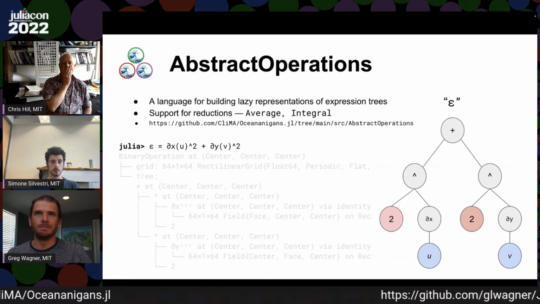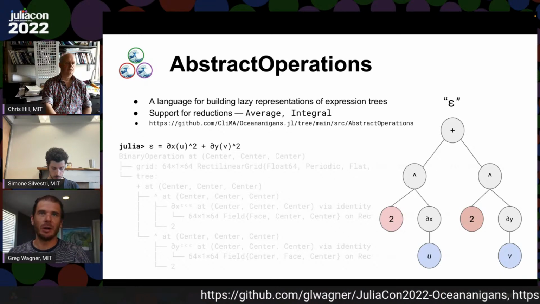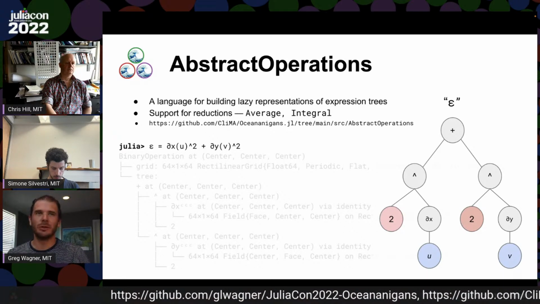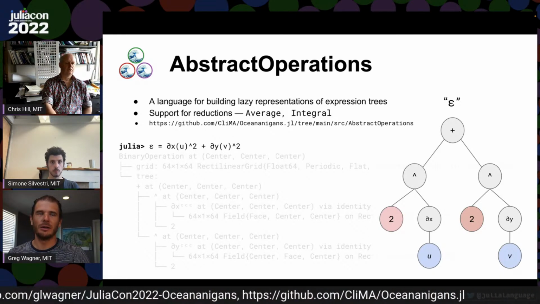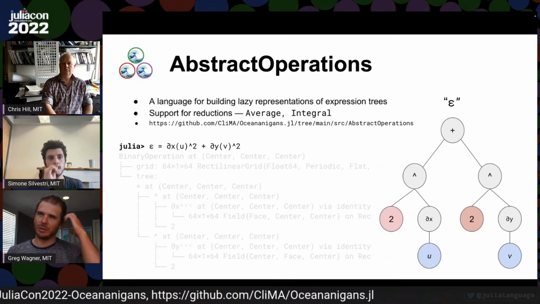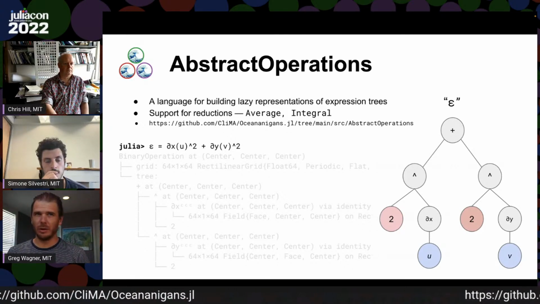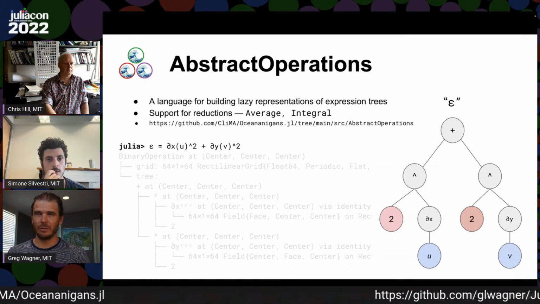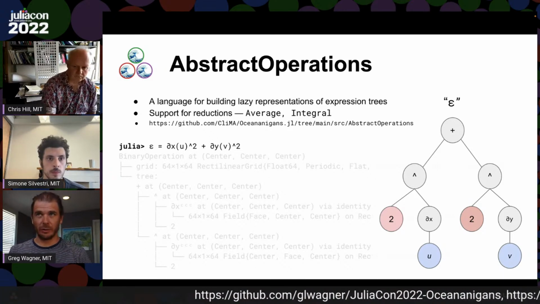And it supports reductions. As an example, I'm showing you computing something that resembles dissipation, called epsilon. And this epsilon is d by dx of u squared plus d by dy of v squared. I've created a graphical representation of what that looks like on the right.